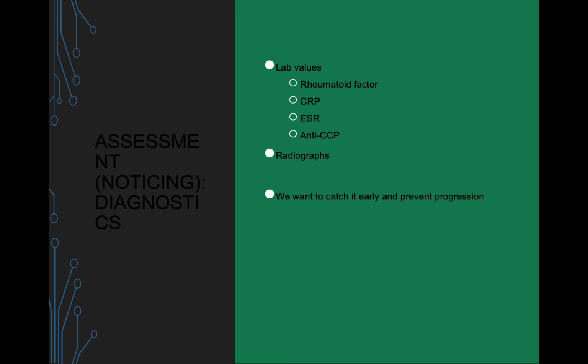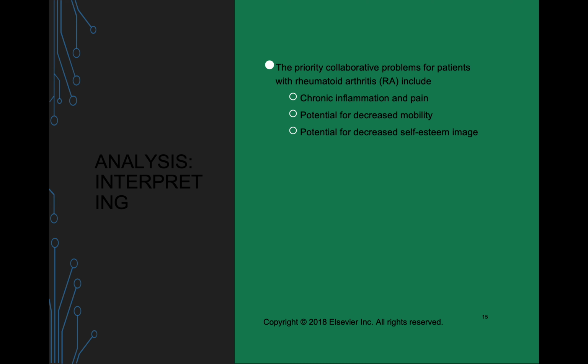Again, we want to try to catch it early, so we want to identify those people who are at risk, perform our screenings, and start to implement appropriate medications so we can stop the progression of the inflammation. As you may have picked up on, from a nursing perspective, our priority concerns are inflammation and pain.